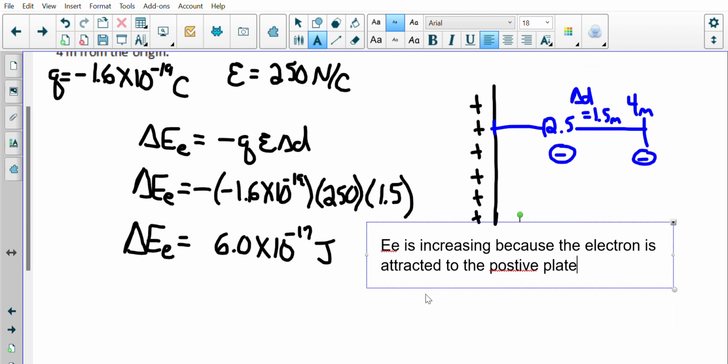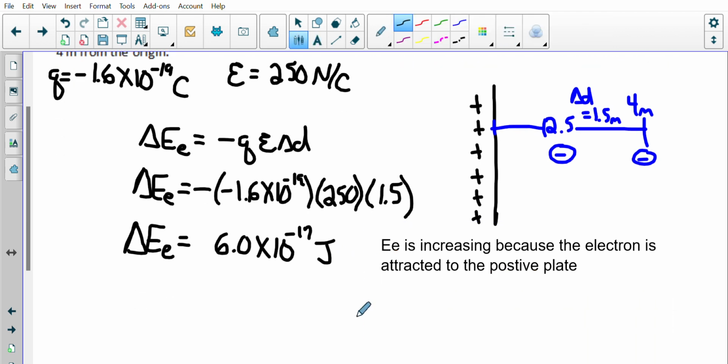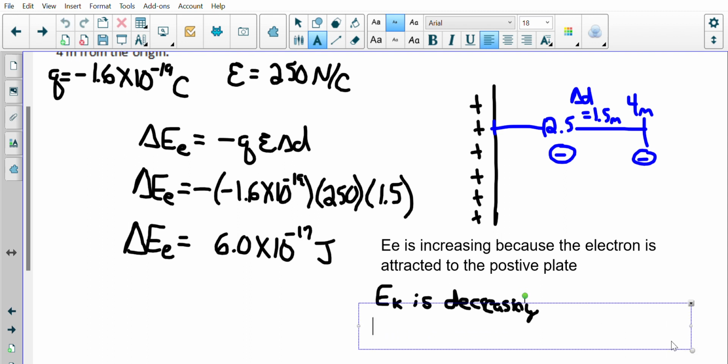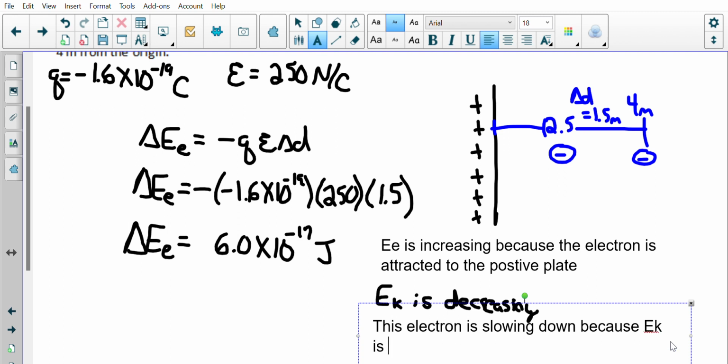Now, I don't know what was happening to this charge, but the bottom line here is if it is moving, that must mean that the EK is decreasing. So there's a chance that this electron is slowing down, because our EK is decreasing, as I mentioned up above there.